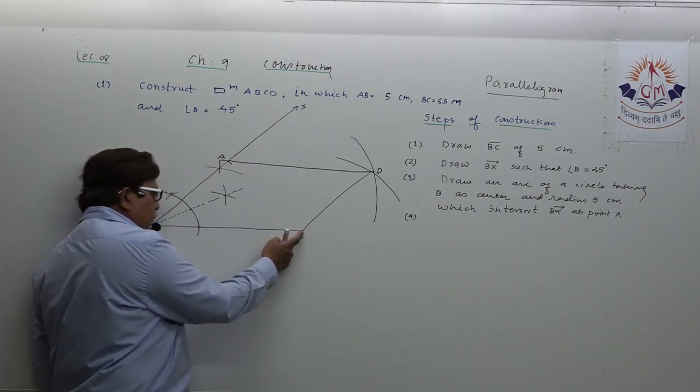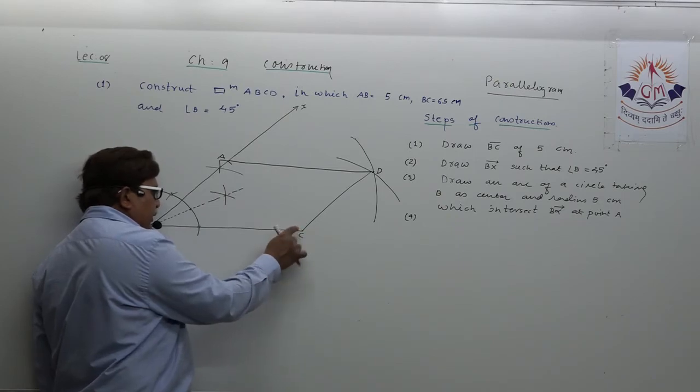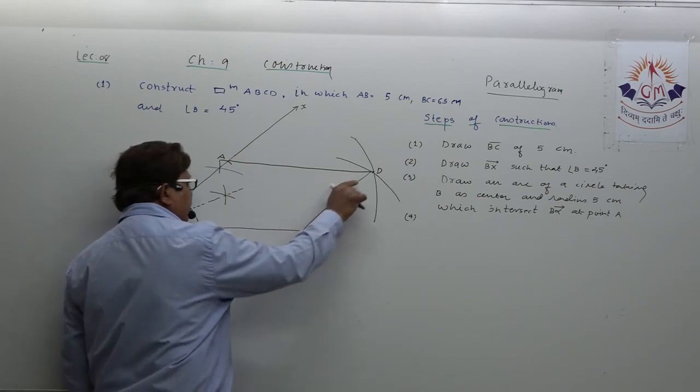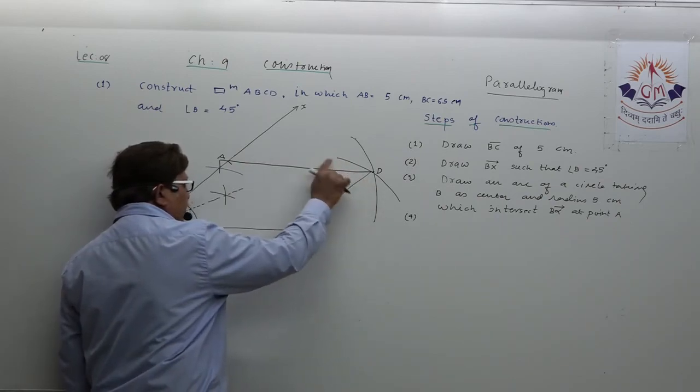What you have done? You have centered the compass at C and taking radius of 5 centimeter, you have drawn an arc.